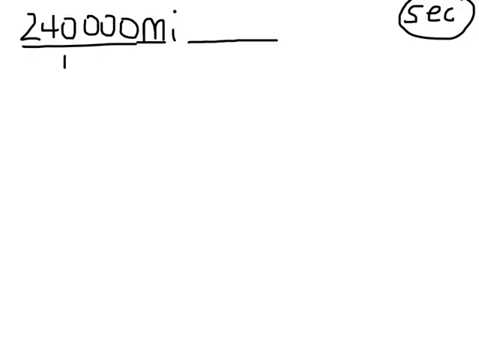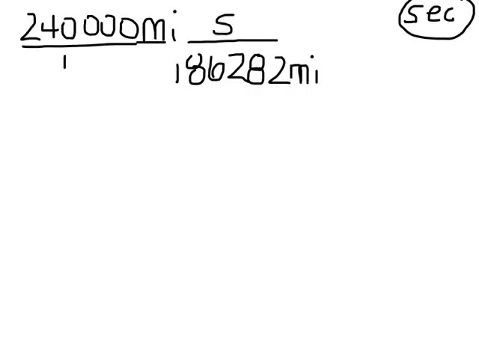So we need to look at our conversion factors and see if we have something that has miles and seconds. And voila, we do. In a vacuum, the speed of light is 186,282 miles per second. So now we just have a direct conversion. Miles cancels out.